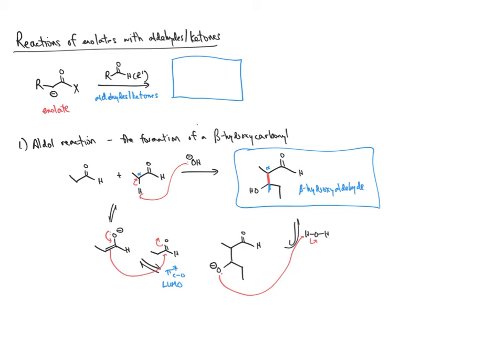Now, the next reaction we want to talk about is a variation of the first one, and that's known as the mixed aldol condensation. Okay, so this is an aldol reaction in which the two starting materials are not the same.